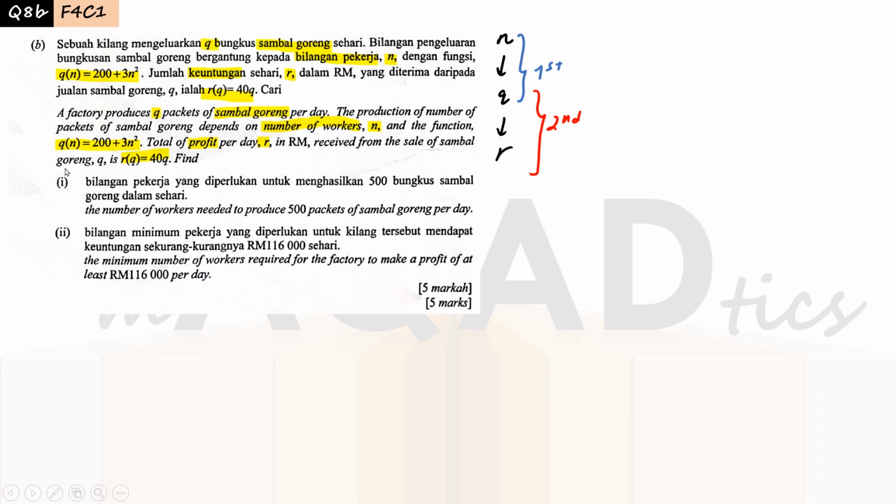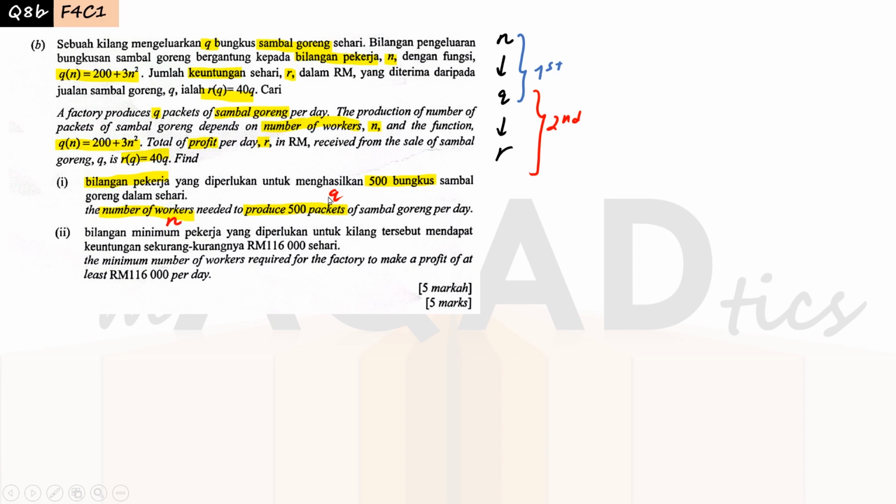So for the first part of the question, we need to find out the number of workers required to produce this number of sambal goreng per day, right? So the number of workers here would be our n, and the number of packets is q. Since I have q's number, I can find n's number, right?